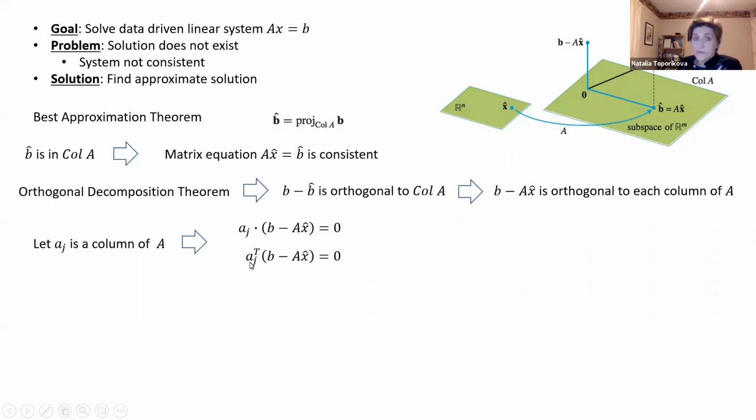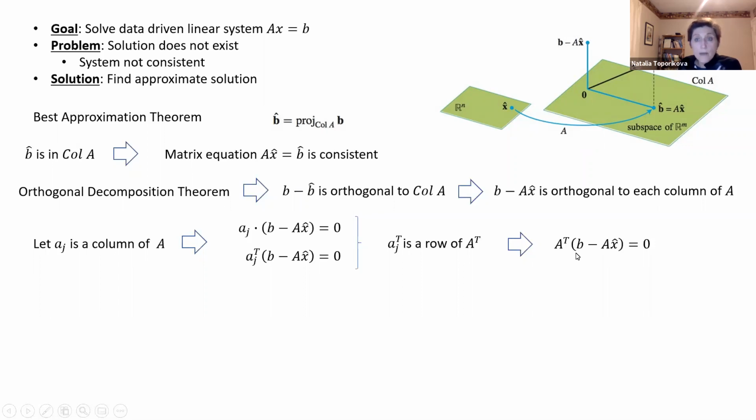It's just the definition of the dot product, so not a big deal. We know that the transposed column aj transpose is a row of the transposed matrix A, so we can write our equations for the whole transposed matrix A.